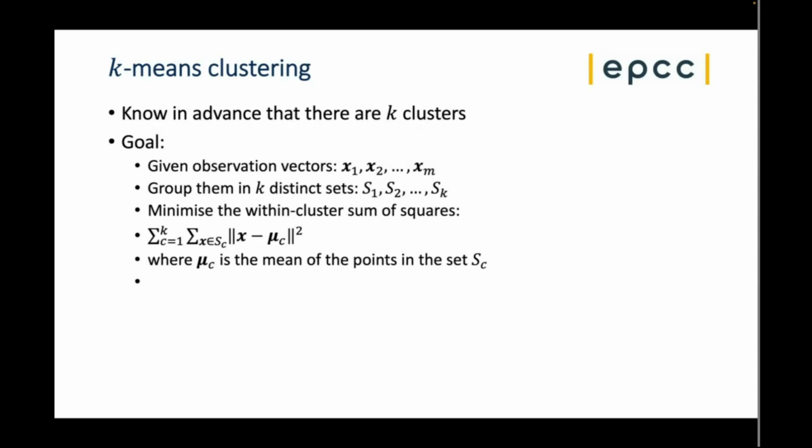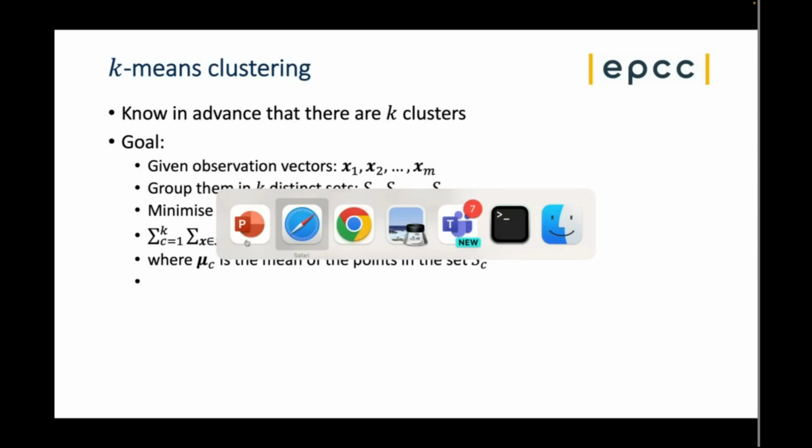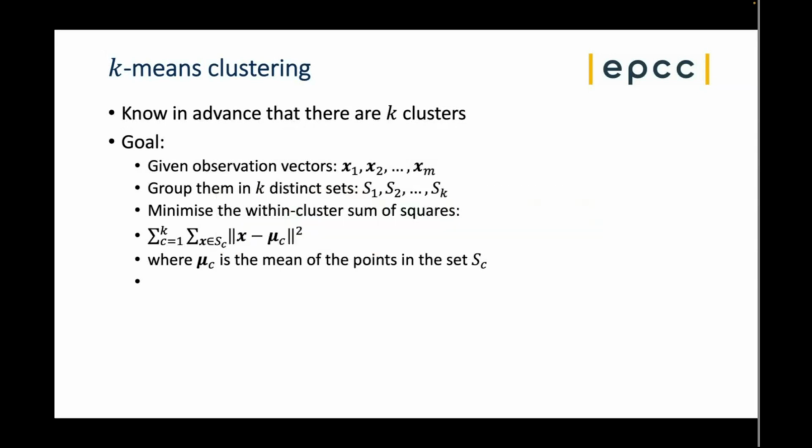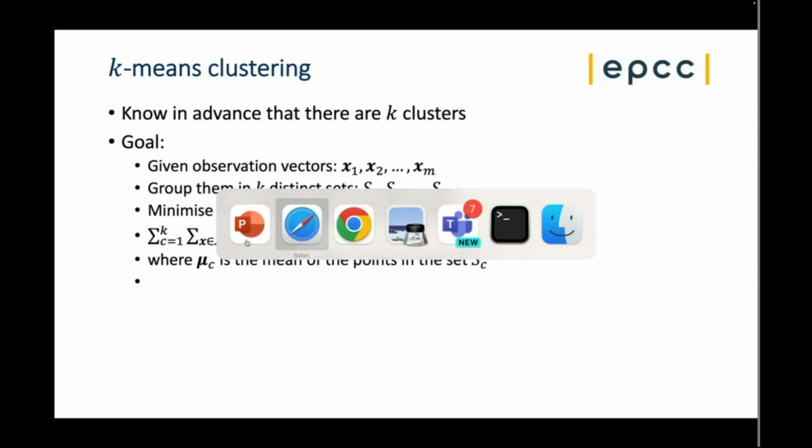You want all the points that end up in the same cluster to be close to each other, and all the points that end up in different clusters to be far away from each other. And so the ratio of those two numbers, within cluster sum of squares and between cluster sum of squares, is probably the most general metric that you can use to compare two clusterings.